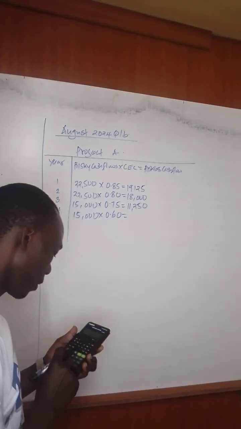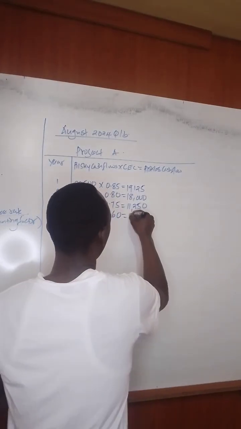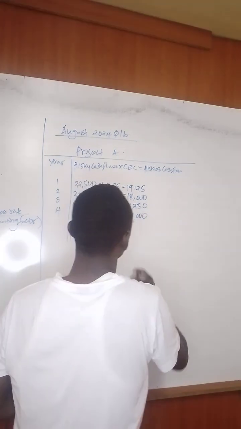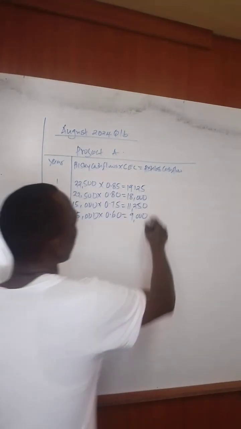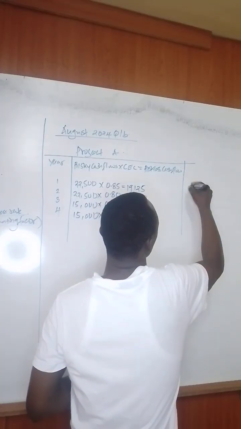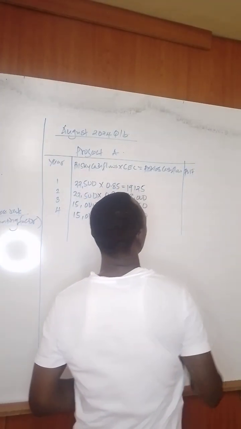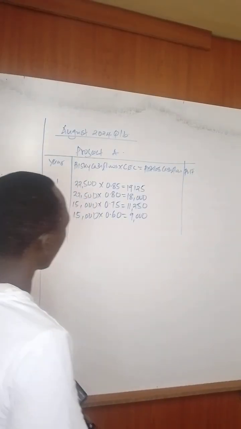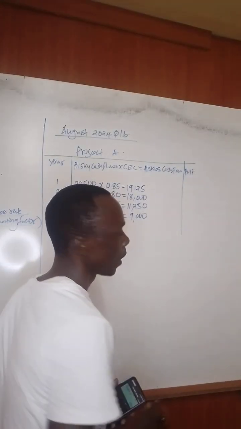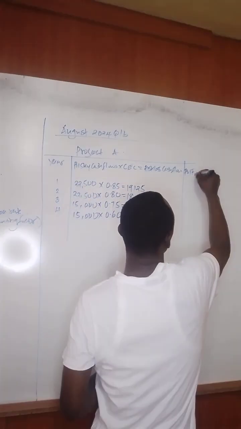The fourth output is 9,000. So what we have computed are the riskless cash flows. Then we are going to discount using the present value interest factor. In this case, we use the risk-free rate, and the examiner has provided a risk-free rate of 5%.